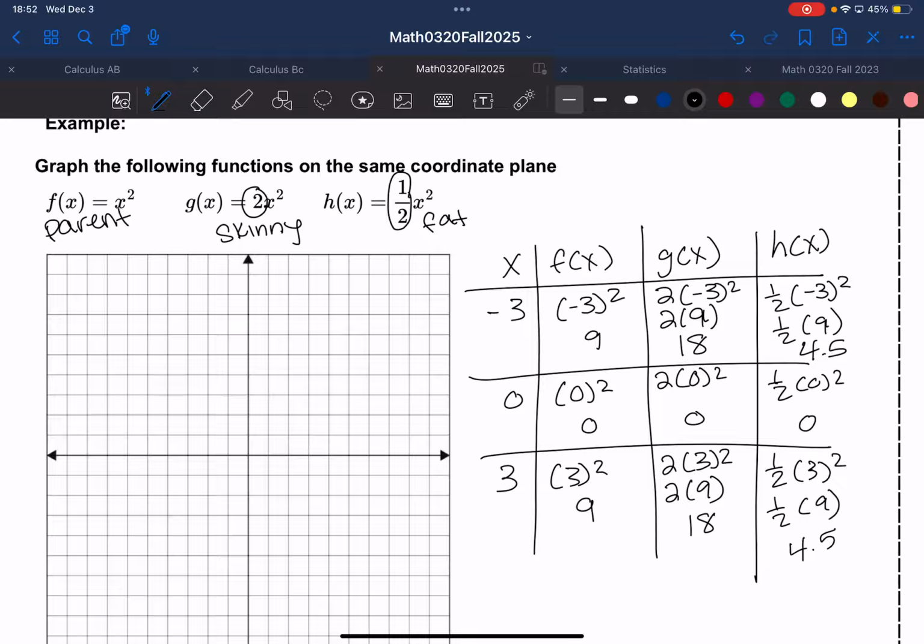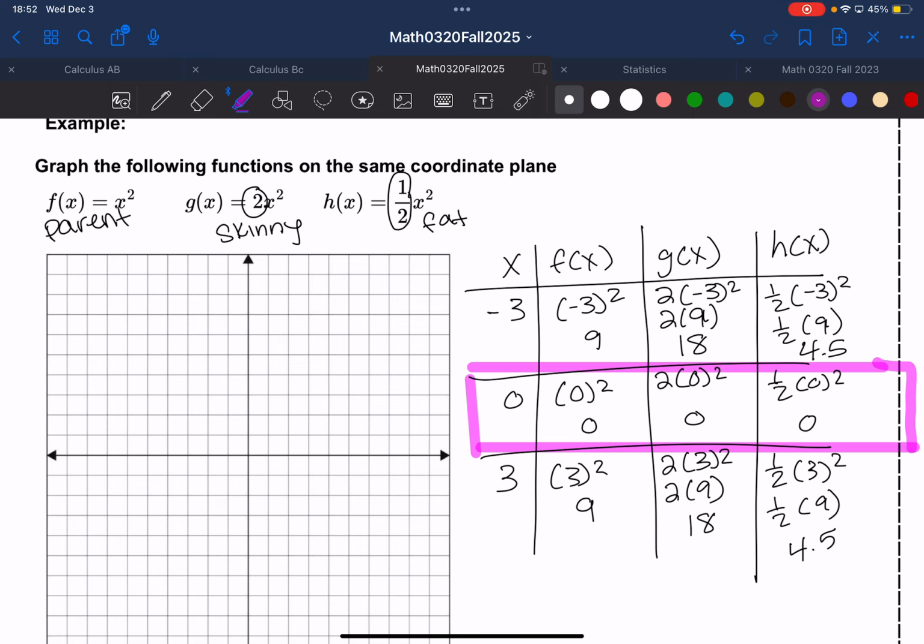I want you to notice something here: the origin where we chose 0, did that change for any of them? No, because we're not moving up, down, left, or right. The origin stays the same, which means they're all going to start at that origin 0, 0. And they're either going to get wide or fat, or go up and get skinny and tall.